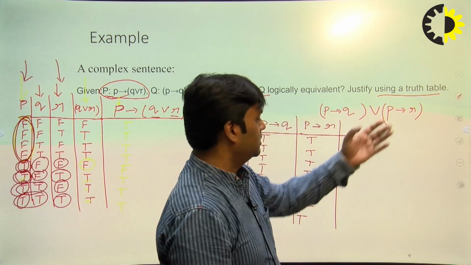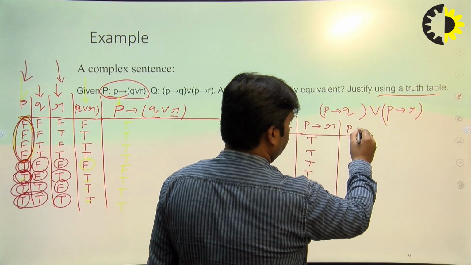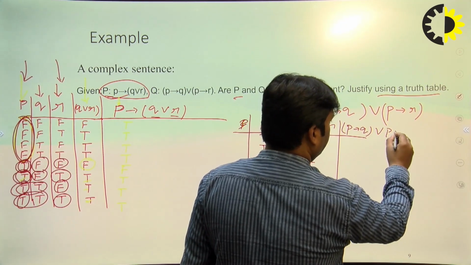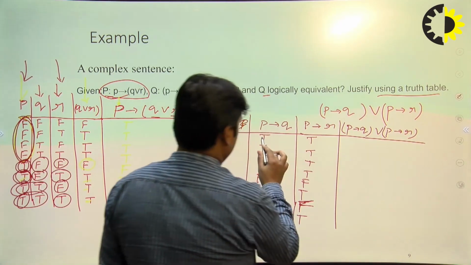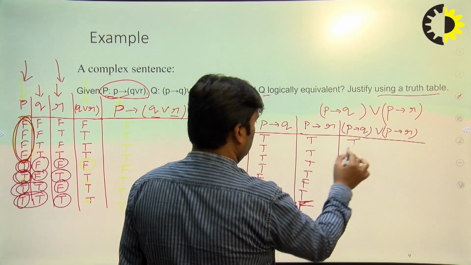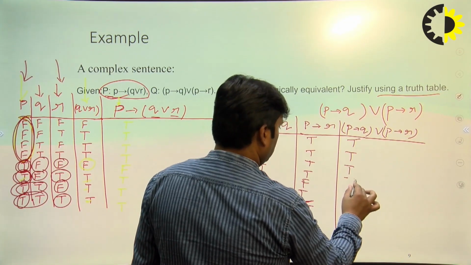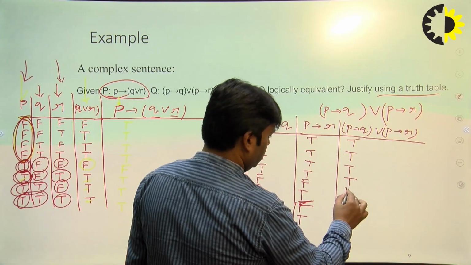Now we apply the OR operation on it: P implies Q or P implies R. With the OR operation, we get true, true, true, true, false, and where both are false, the output will be false.